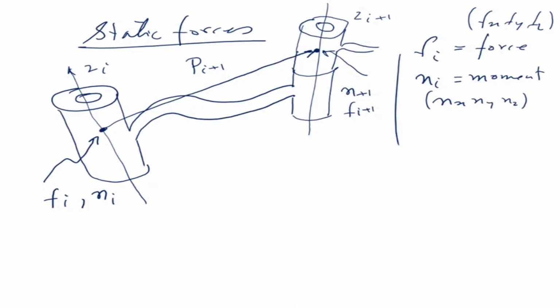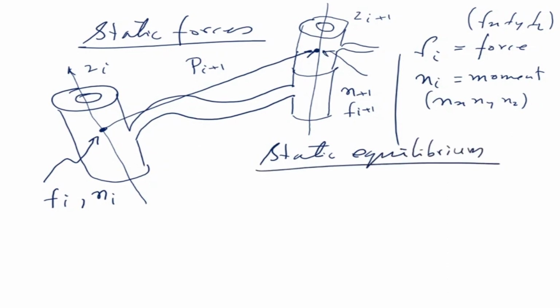Now, for static equilibrium, what we need is the sum of the forces in the xyz directions must be equal to 0, and the sum of the moments also must be equal to 0 for equilibrium.